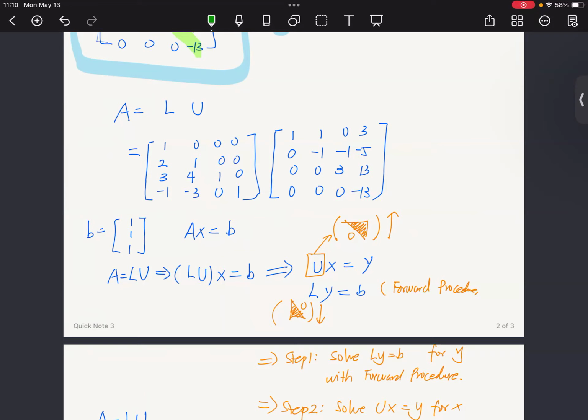We solve for Y in this system, and once we get Y, we substitute it back into the system of linear equations and solve for X. For this one, upper right, we are going to solve from the bottom to the top. So there's less confusion here. We solve from the bottom to the top, and this is the method of LU factorization.